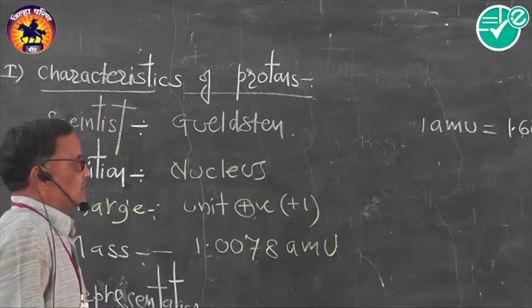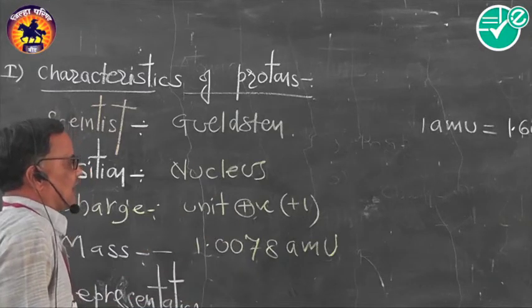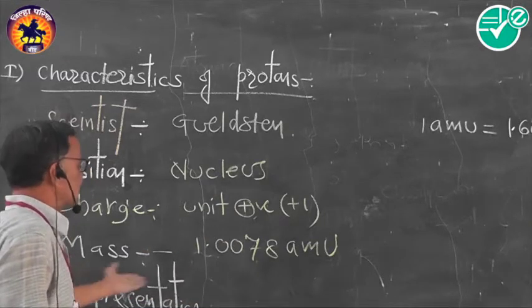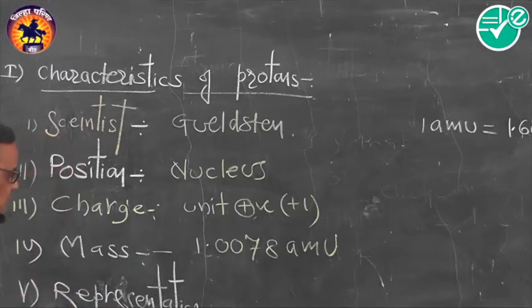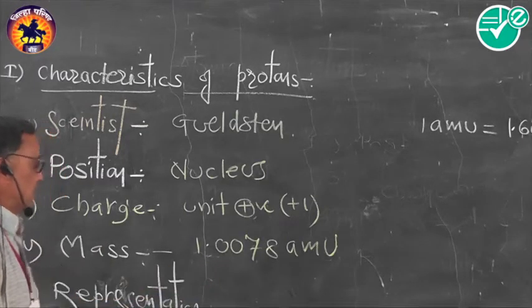This is the value of 1 atomic mass unit. And the mass of proton is 1.0078 atomic mass unit. This explains that proton has a very negligible mass.